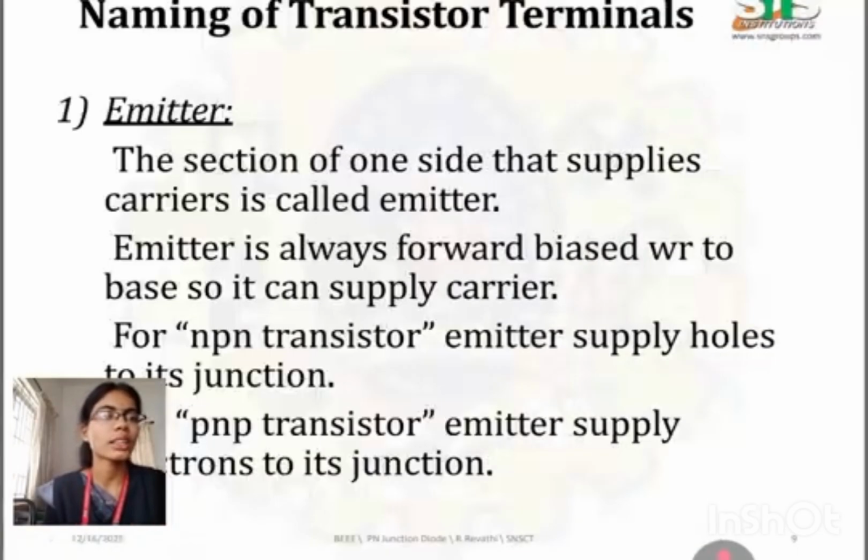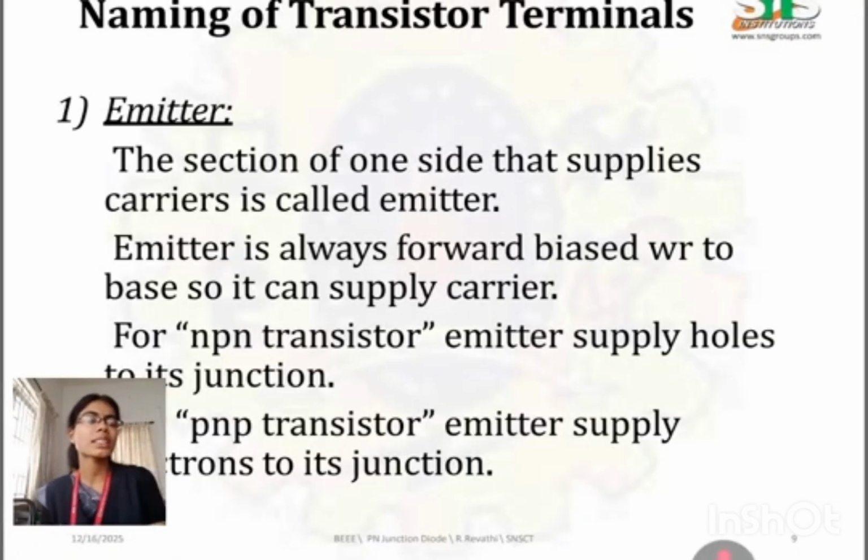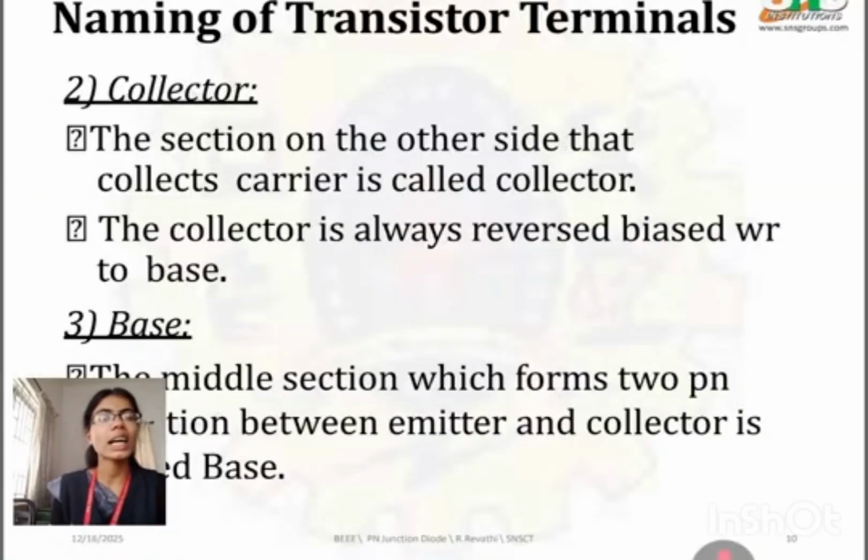The emitter is forward biased with respect to the base so that it can supply carriers. The other side, which collects the carriers, is called the collector.